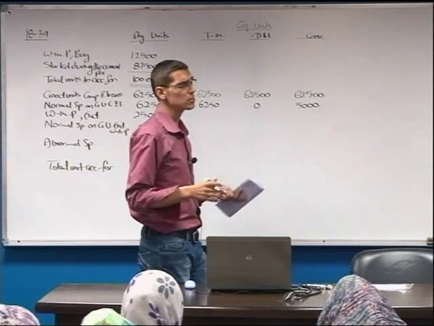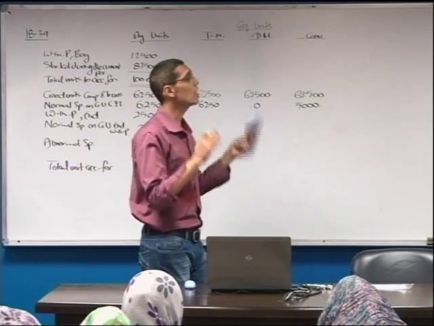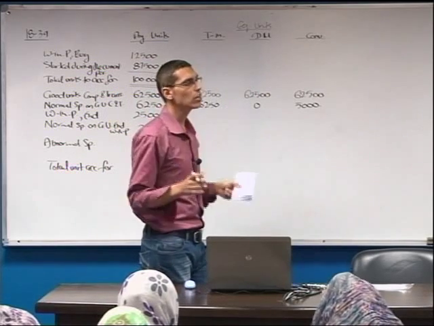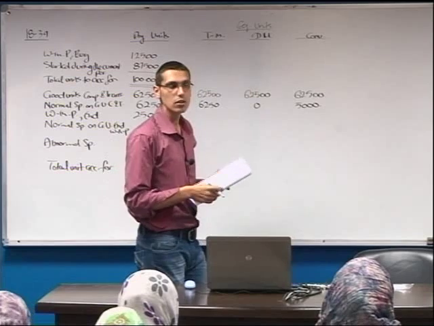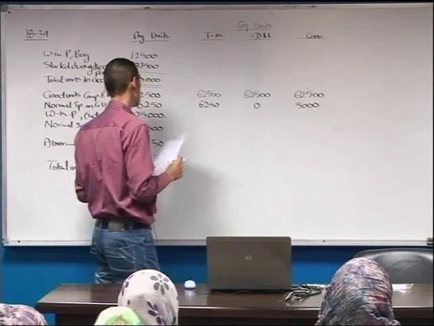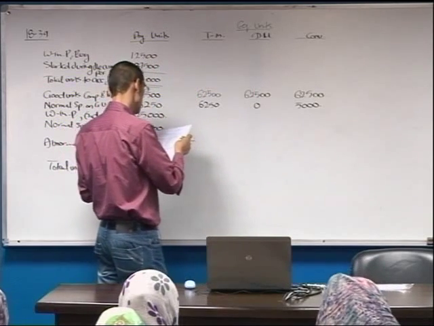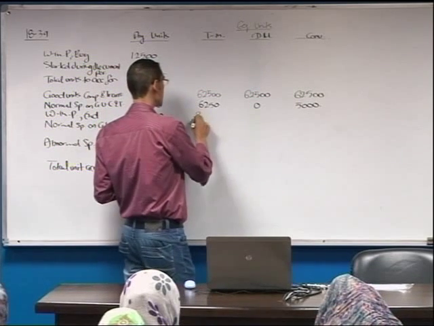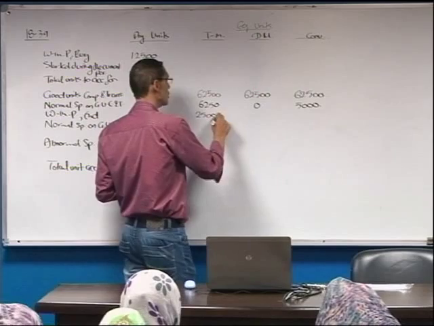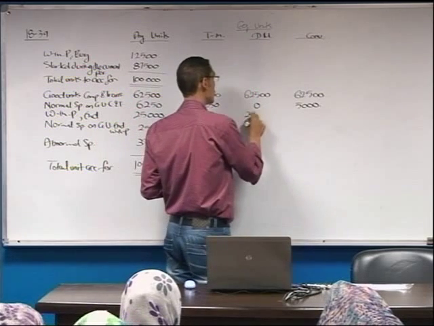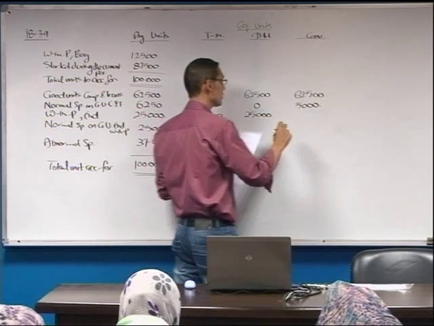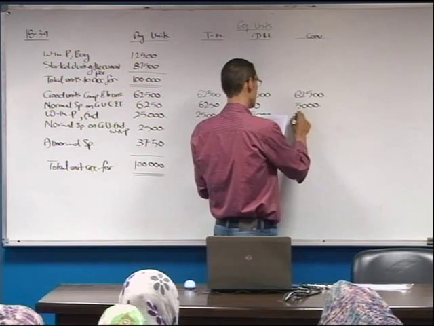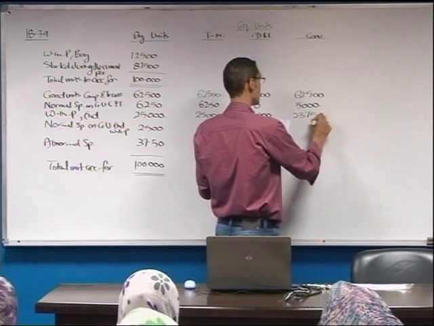Therefore, they took 100% of transferred in, 100% of direct materials, and only 95% of the conversion costs. Therefore, 25,000 at 100%, therefore 25,000, and only 95%, therefore 23,750.